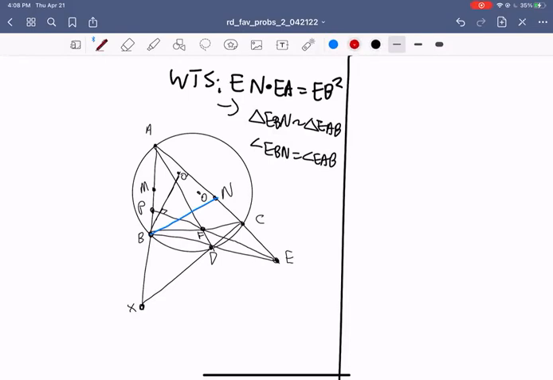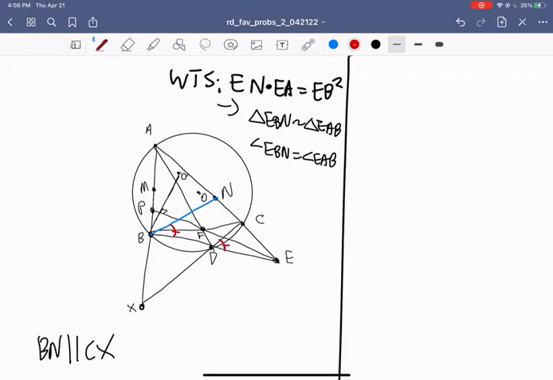And now we can do a bit of angle chasing. We have angle EBN. One thing we haven't used is that BN is parallel to CX. And this is because B is the midpoint of AX and N is the midpoint of AC, and BN is the midline of triangle ACX. Therefore, they're parallel. And because of that, angle EBN is also equal to angle EDC.